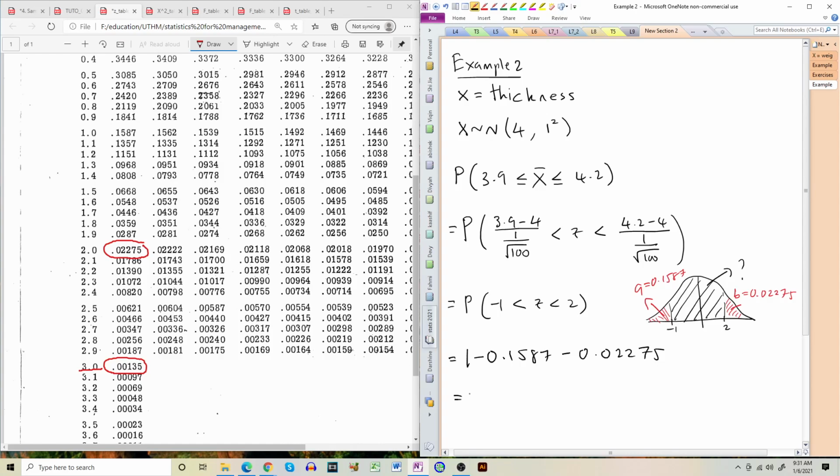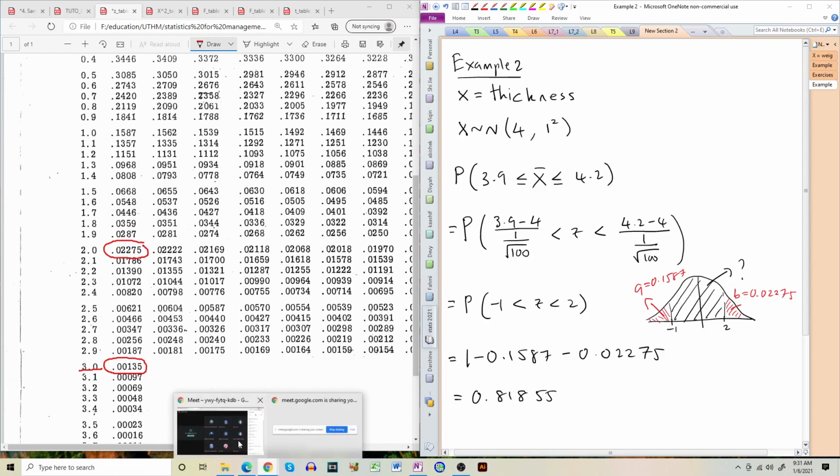If you do this, you will get 0.81855, or you can write 0.8186, also acceptable.